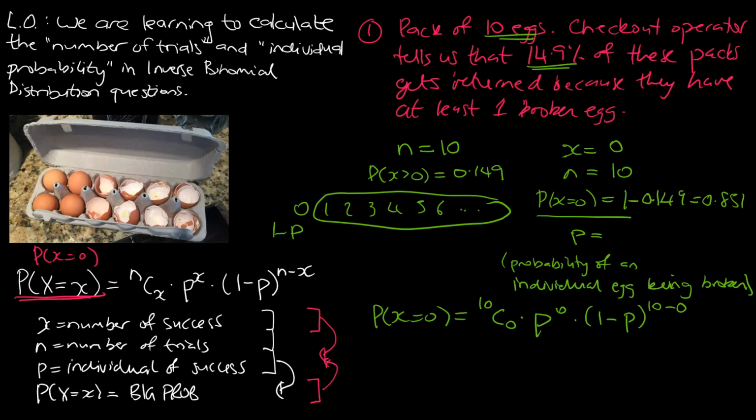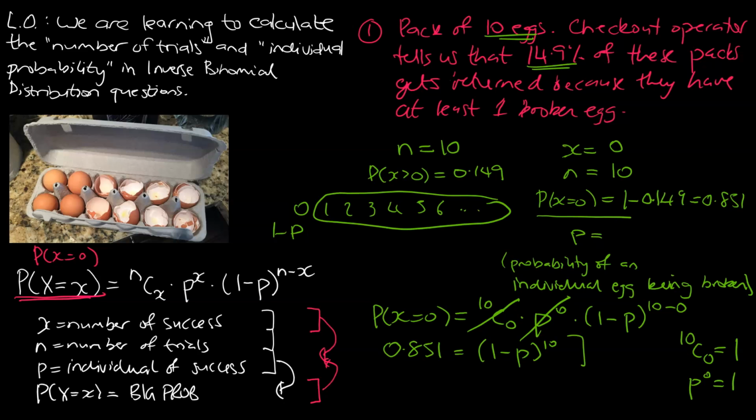And the interesting thing about this formula, why it only works for 0, is nC0 is equal to 1, and p to the power of 0 is also equal to 1. So this part and this part just fall away. So we are left with 1 minus p to the power of 10, and we know that is going to be equal to 0.851.